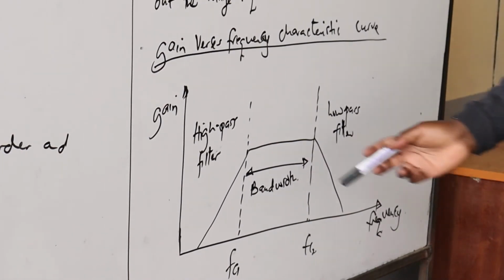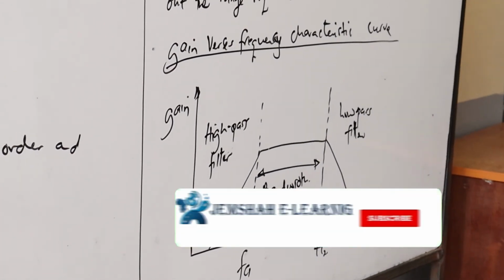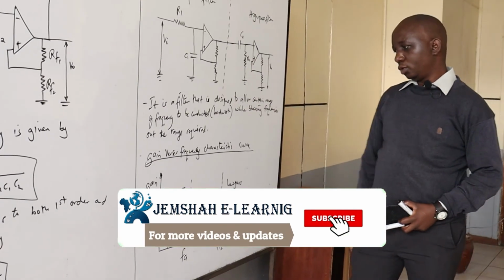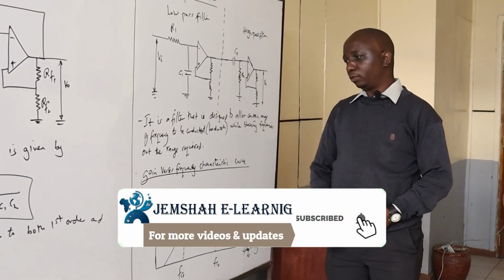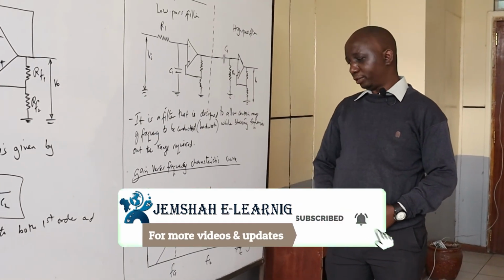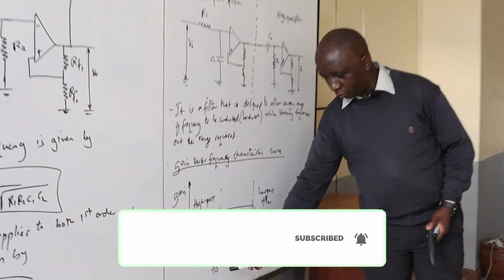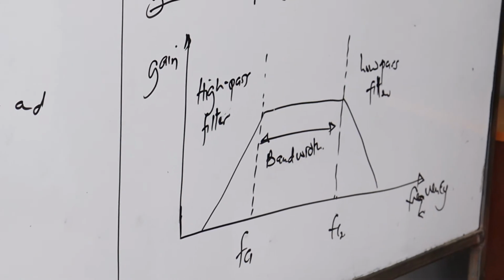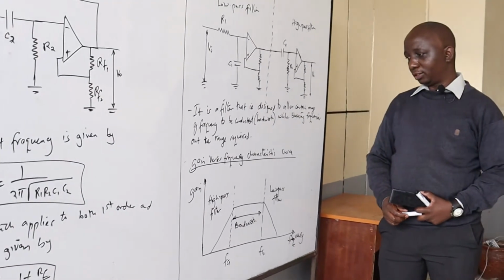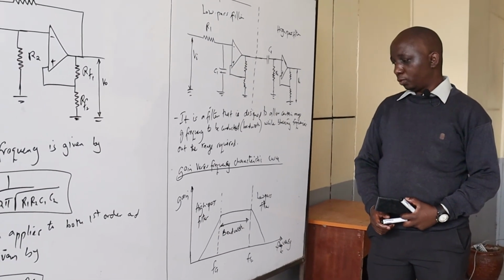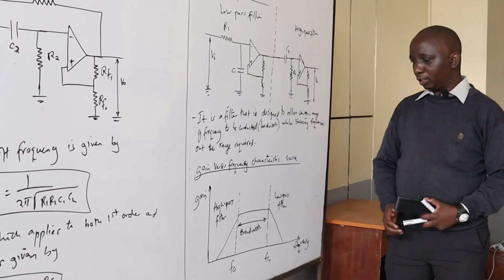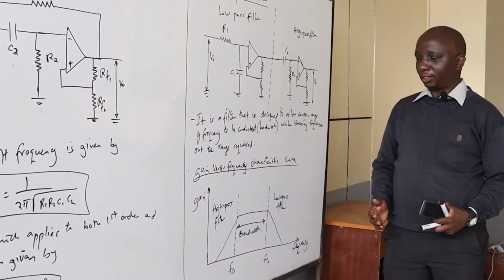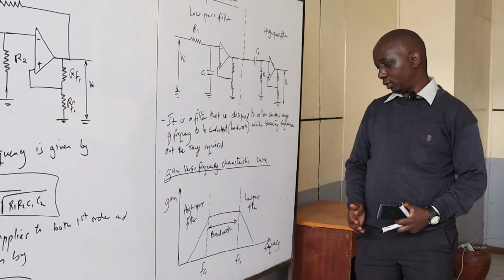So when you look at this diagram, there's evidence that when you combine the two circuits, you shall get what is referred to as the bandpass filter. The frequency between FC1 and FC2 is the frequency that will be conducted in the circuit. So we shall be able to combine the two and get a range of frequencies that will be conducted for the duration that is required.